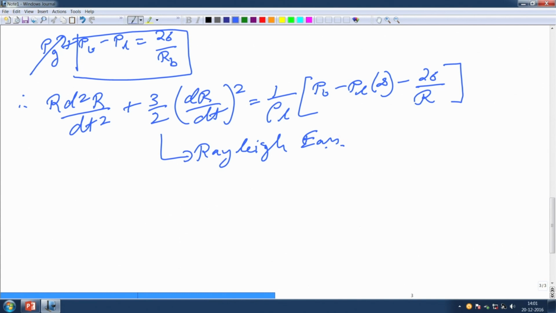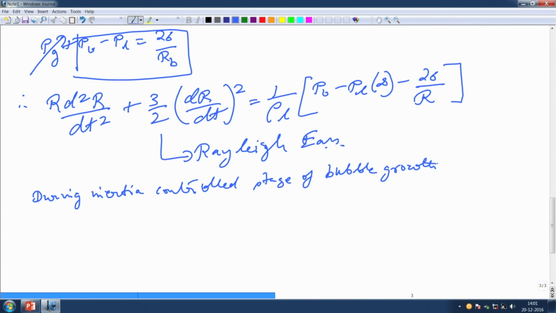However, there were some interesting findings that people noted. During the inertia controlled stage of bubble growth, which are the initial stages, one can conclude that the surface tension, given by 2 sigma by R, is negligible.